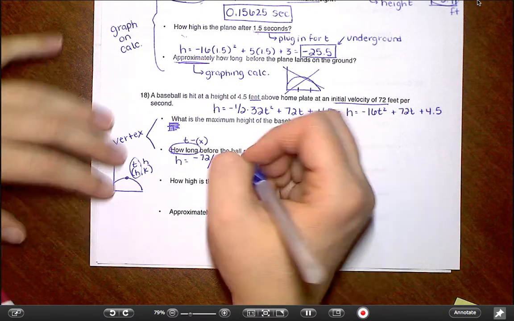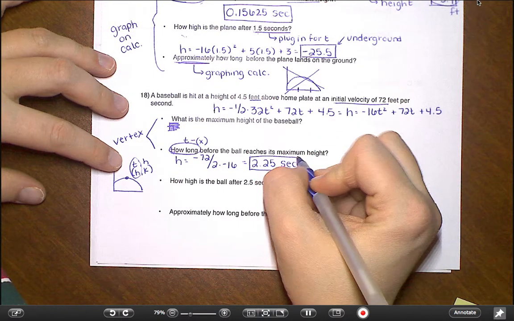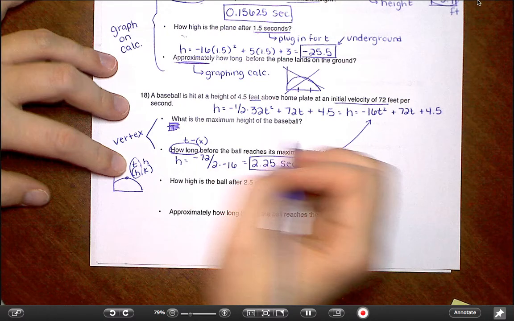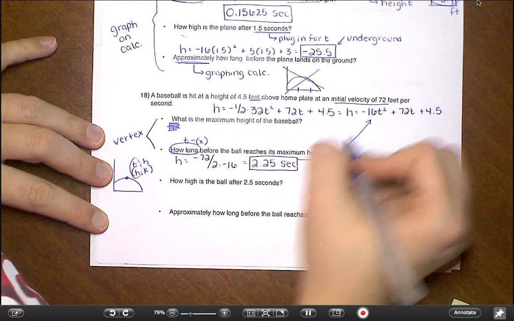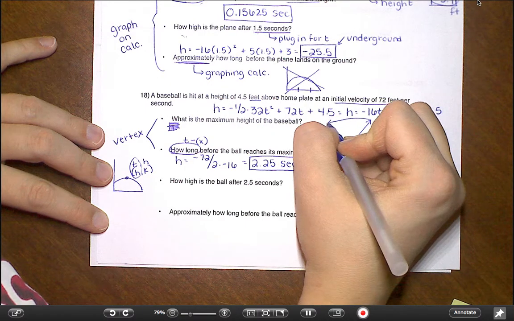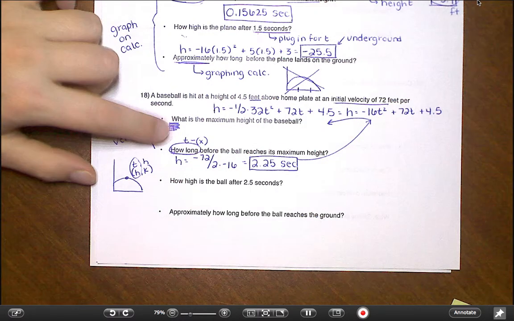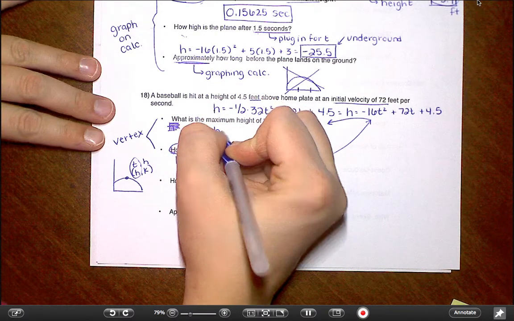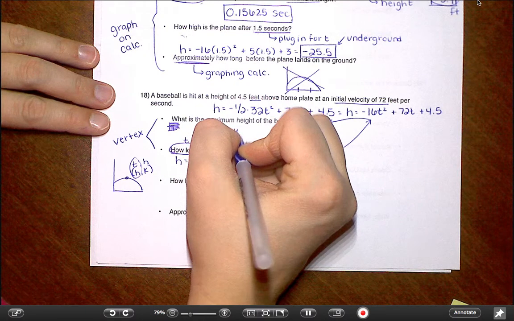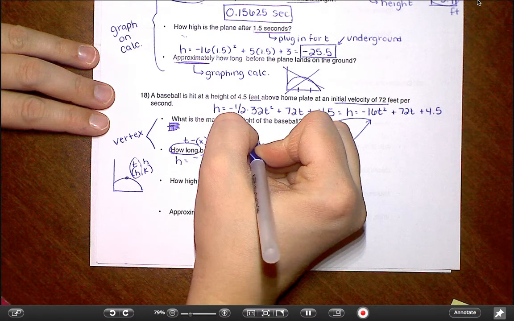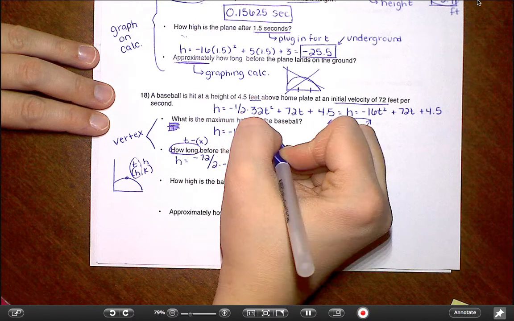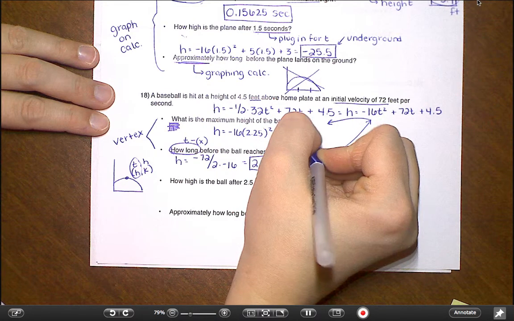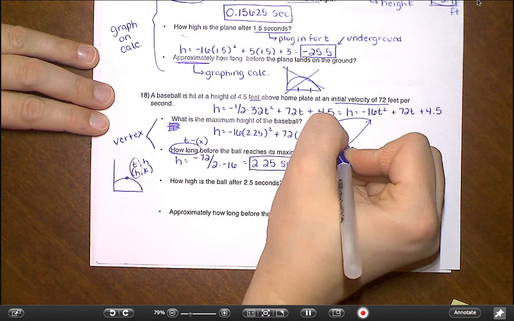Now to figure out what is the maximum height, I'm going to take this 2.25 and plug it into the equation. That's going to be my answer for this, question number 1 under that problem. So I would say h equals negative 16 times 2.25 squared plus 72 times 2.25 plus 4.5.